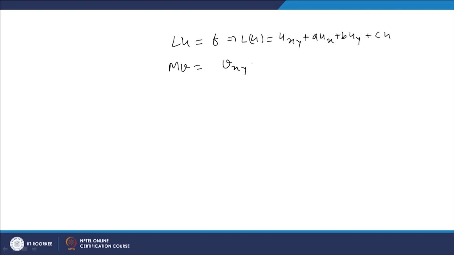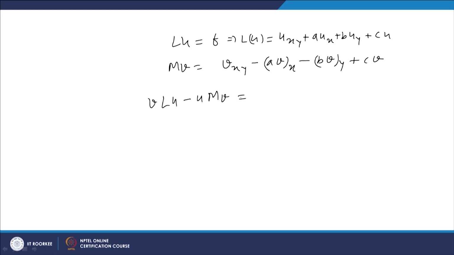Here Lu equal to f, where Lu is defined as u_xy plus a u_x plus b u_y plus c u. Now we define M of v as v_xy minus (a v)_x minus (b v)_y plus c v. So we now find v Lu minus u Mv.